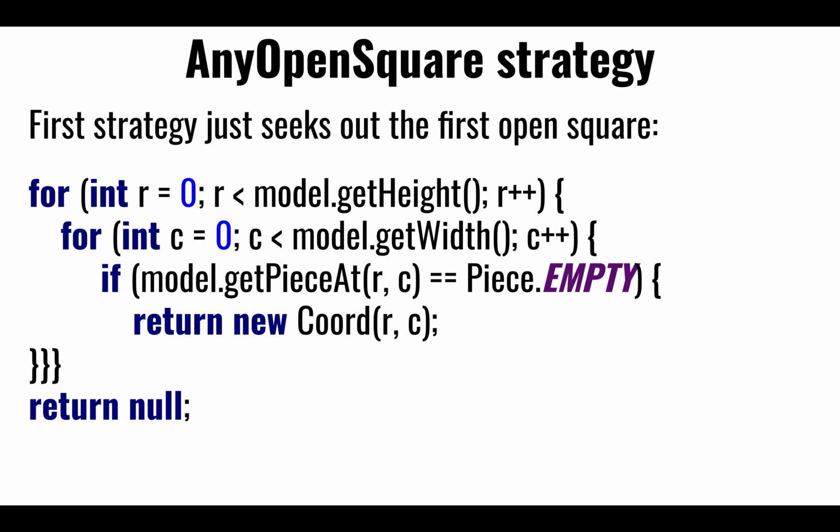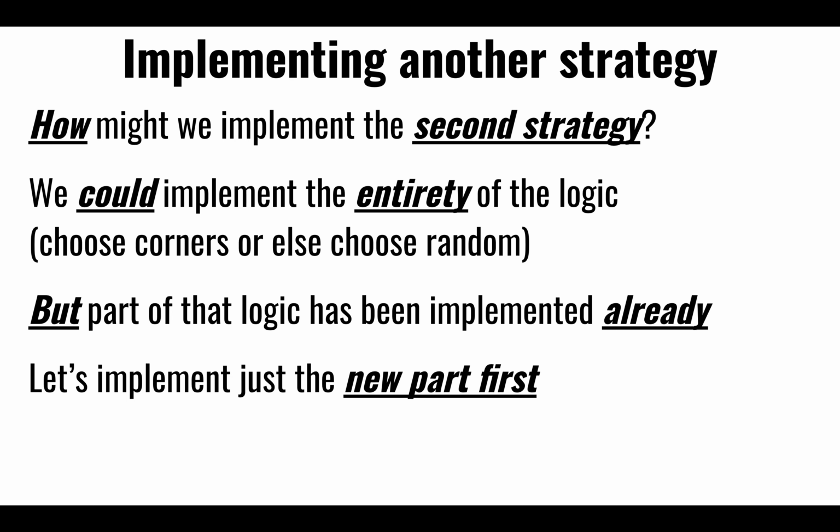So the open square strategy. Certainly we could agree that this implements that really simple, not very sophisticated strategy, that I'll take just any open square. We'll create ever more sophisticated strategies, but let's not really focus on how it is that we play tic-tac-toe. That's not the point.